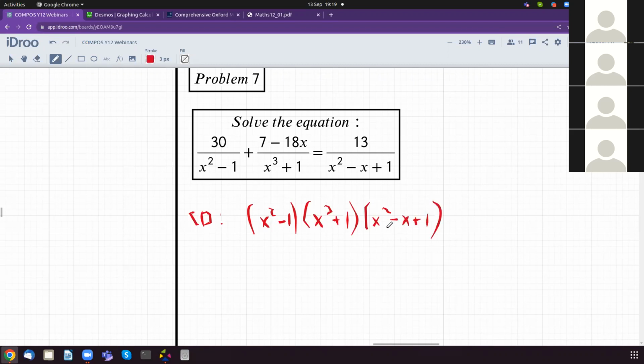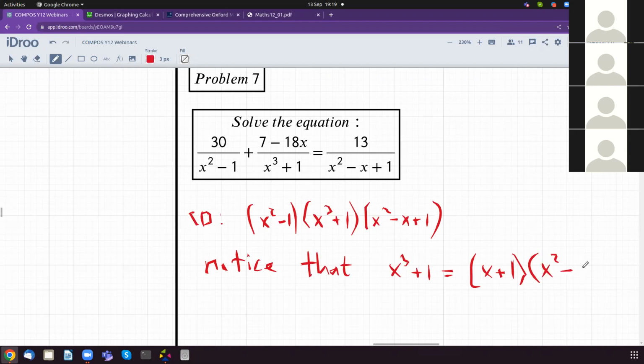But that would lead to very hefty calculations. What you need to notice is that x cubed plus 1 can be factorized as x plus 1, x squared minus x plus 1, which makes life easier.